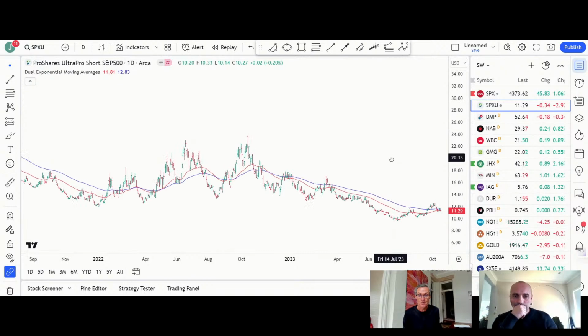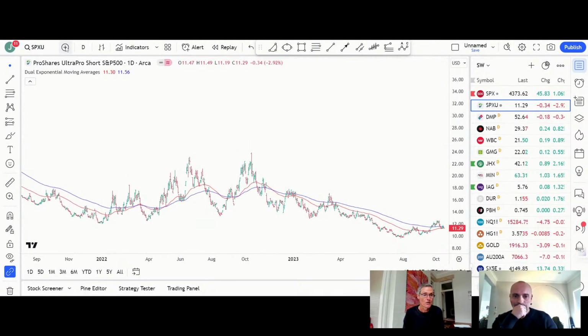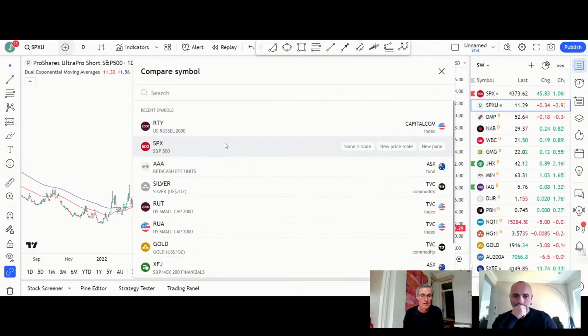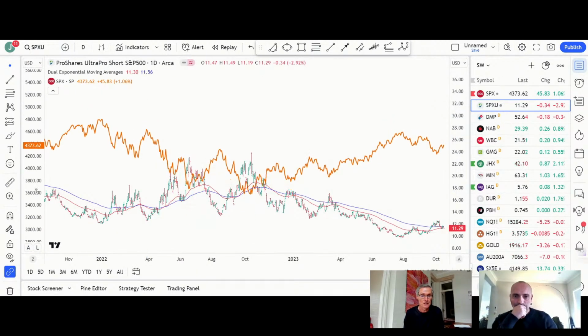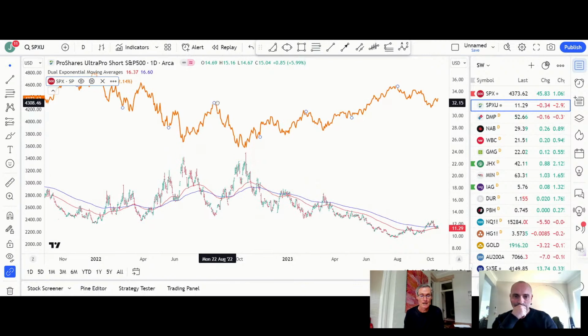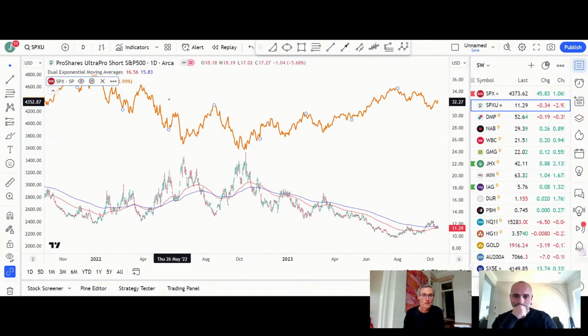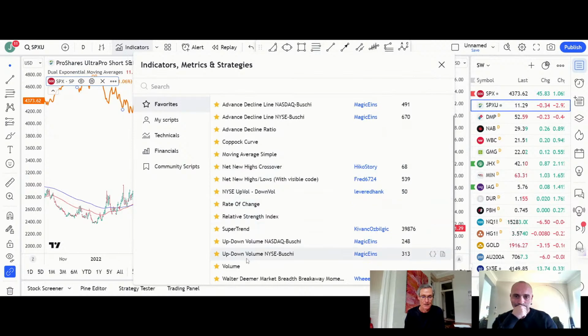I'm going to overlay this with a chart of the S&P 500, and I'm going to put the volume traded in this inverse ETF down the bottom.